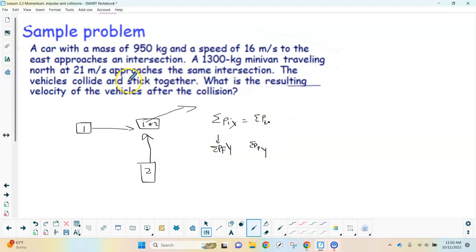At the end, because they stick together, you have the total mass. So you divide the total momentum by the total mass and get the velocity afterwards. And then you would need to do trig with the x and y velocities to get the overall velocity and the angle and all that.